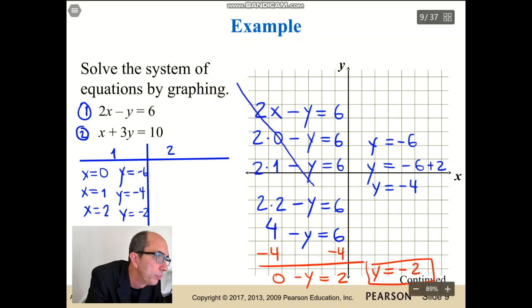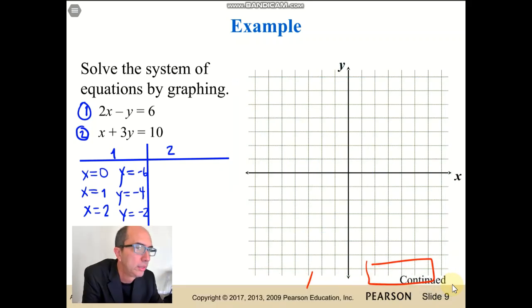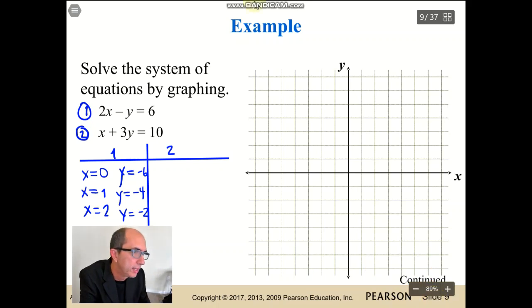Now we can graph equation number 1. First, let's calculate the points for number 2. And for number 2, let's use a different color. Let's use red. Number 2 is going to be red.